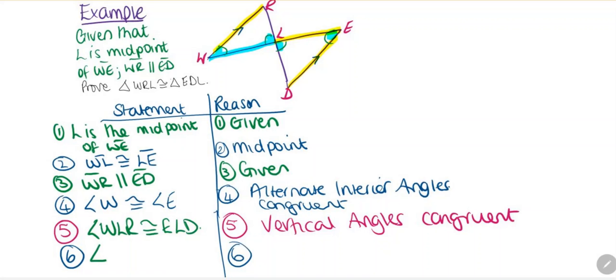So therefore triangle WRL is congruent with triangle EDL because we have an angle, a side, and an angle.